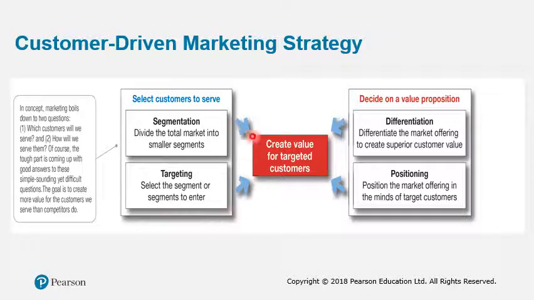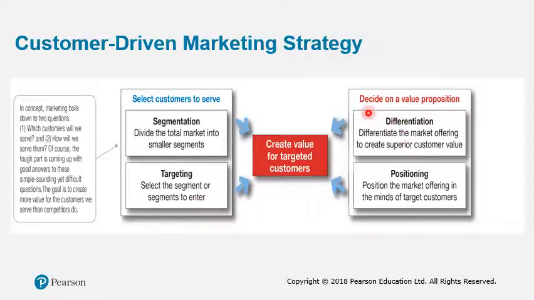Looking at the first part, selecting the customers that we serve, we can do this by segmenting them. Segmentation is dividing the total market into smaller segments, meaning smaller groups. Targeting is when we select the segment or segments that we want to enter.